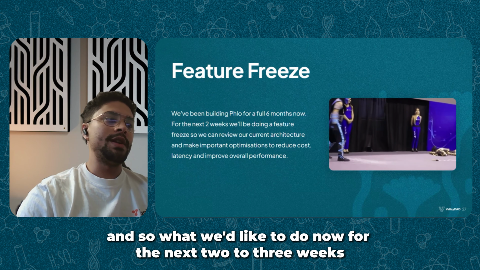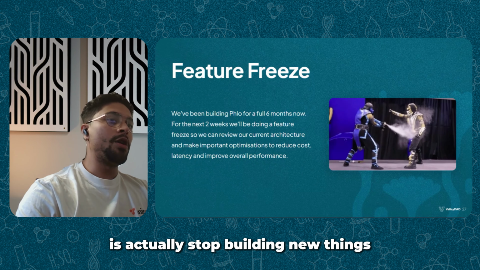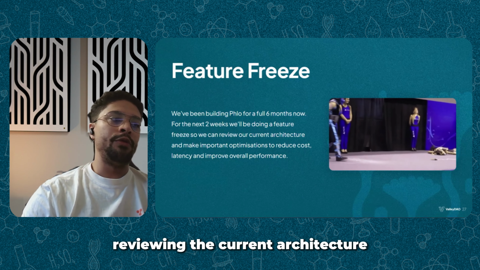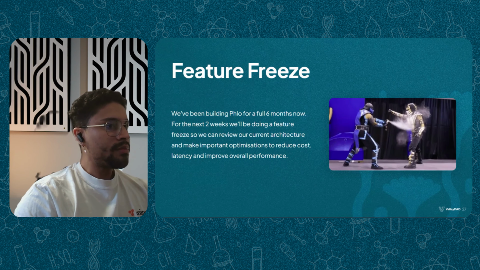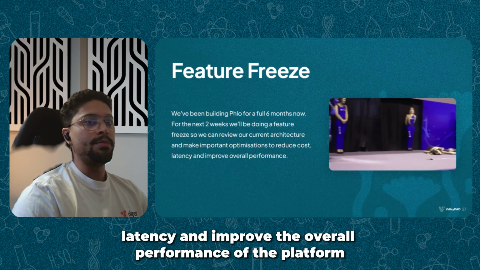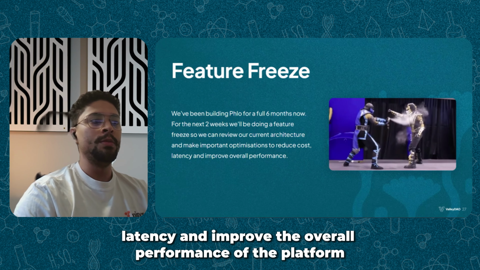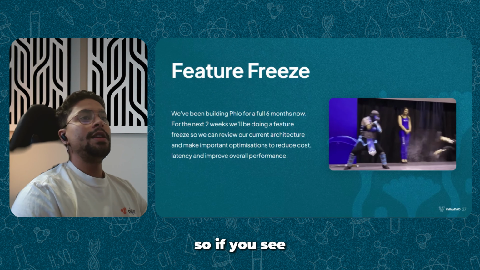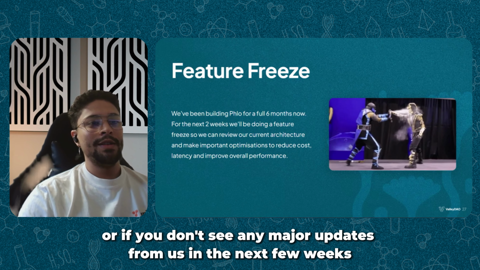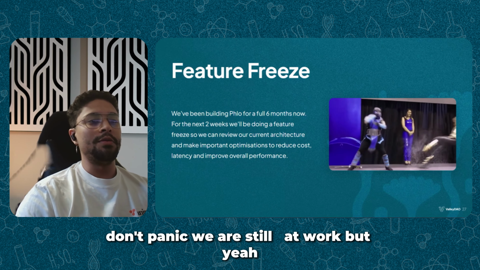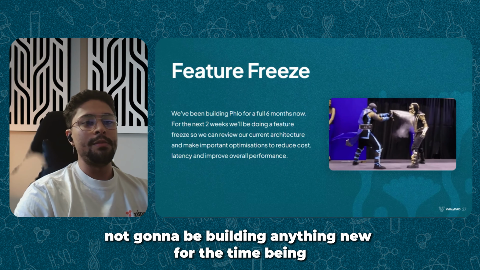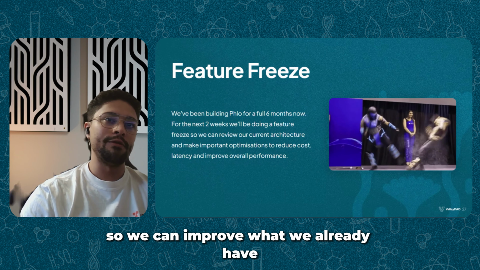So what we'd like to do now for the next 2 to 3 weeks is stop building new things and go back over everything that we've built, reviewing the current architecture, and making important optimizations to reduce cost, latency, and improve the overall performance of the platform. So if you don't see any major updates from us in the next few weeks, don't panic. We are still hard at work, but we're not going to be building anything new for the time being, so we can improve what we already have.